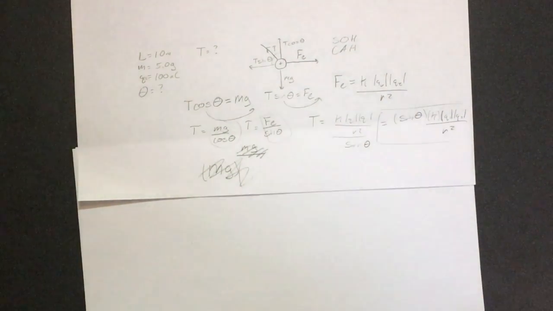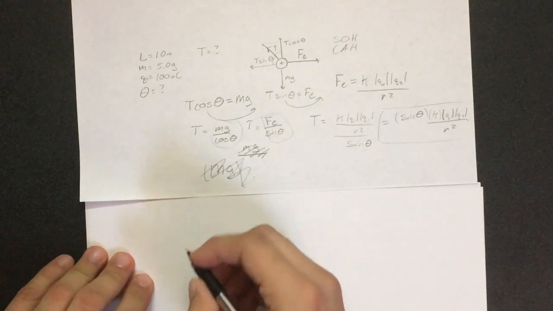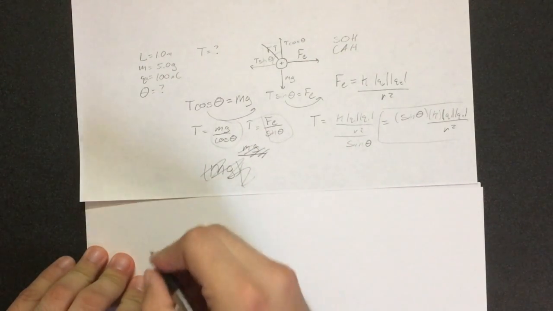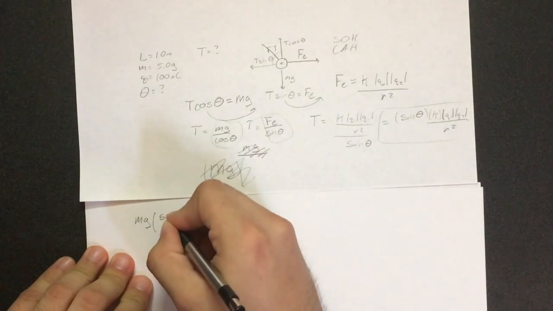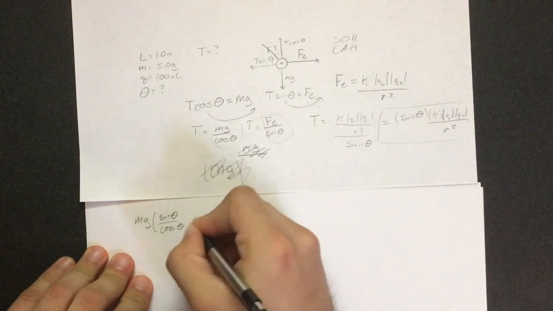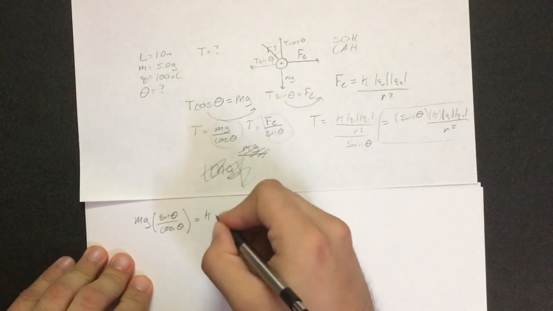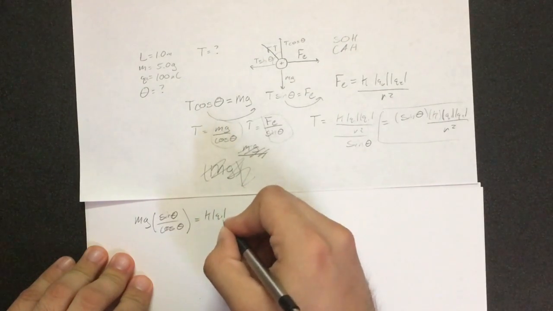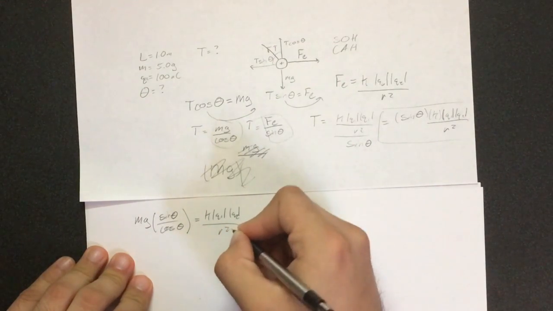All right, that's going to end up looking like this: mass times gravity sine theta over cosine theta is equal to K constant, charge 1, charge 2, all over r squared.